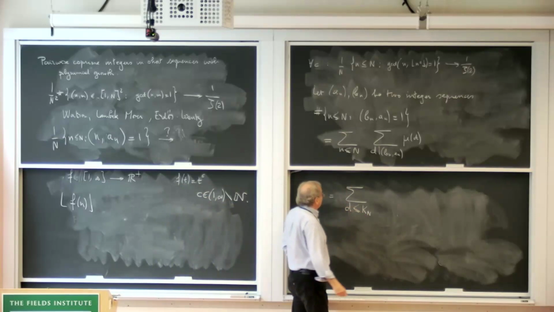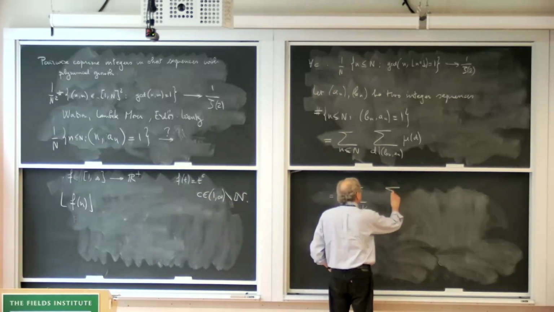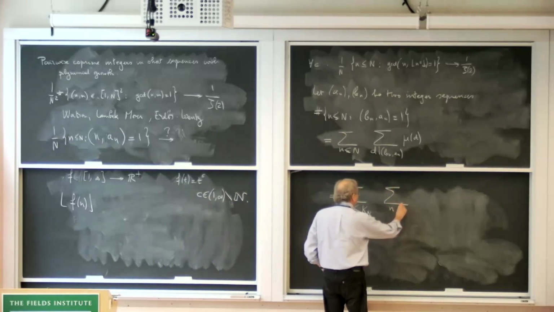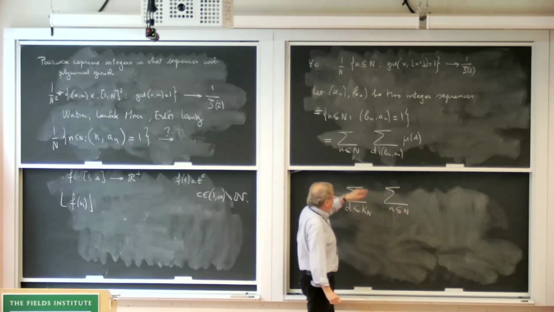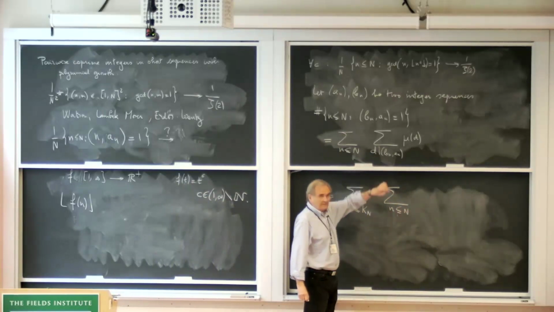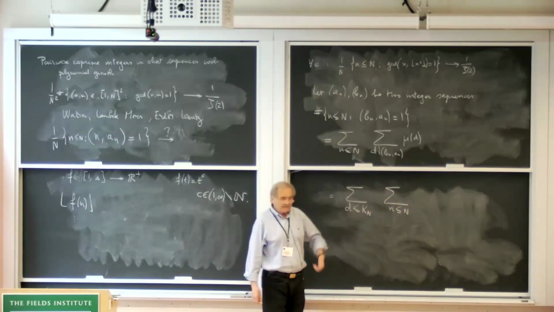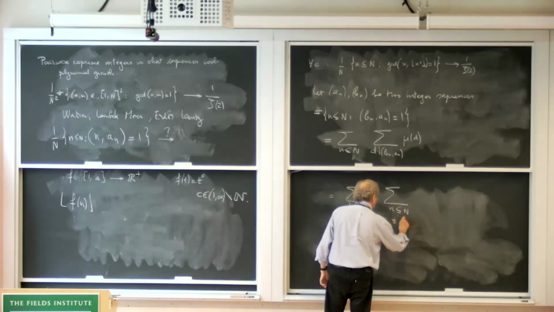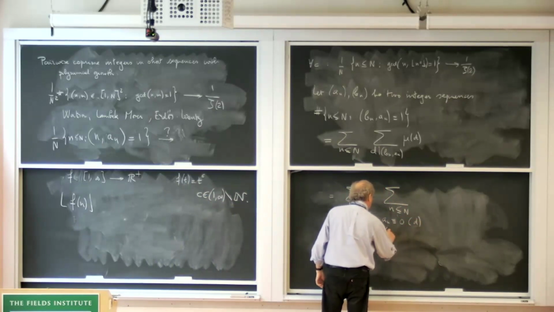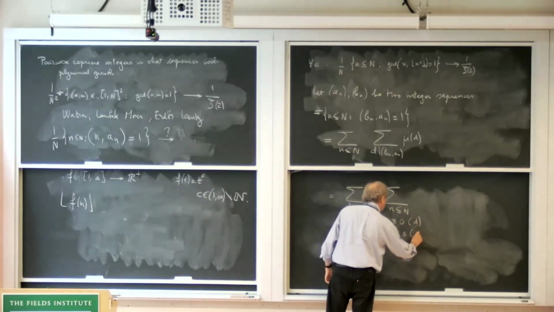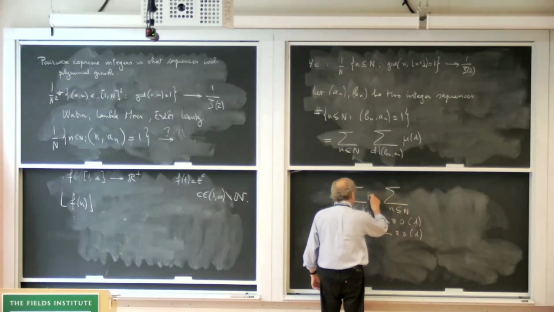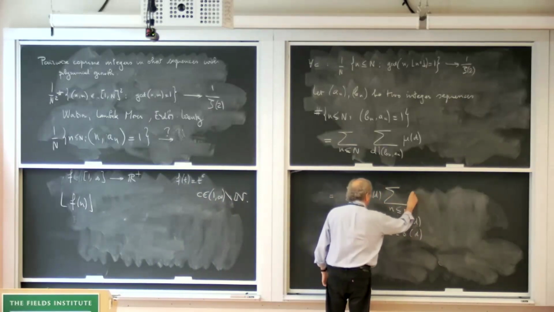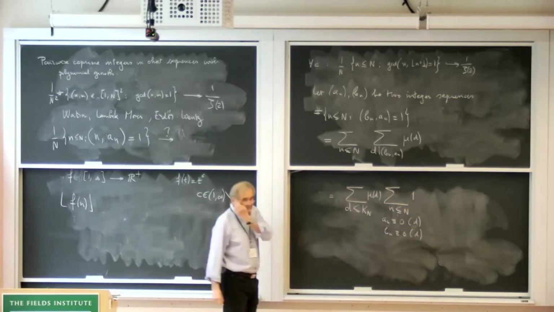Then you sum over n up to N, and you want to say that D divides both Bn and An. That is to say, you ask that An is congruent to 0 mod D, and Bn is congruent to 0 mod D. You can factor out the mu of D, and then you count these numbers. Okay?